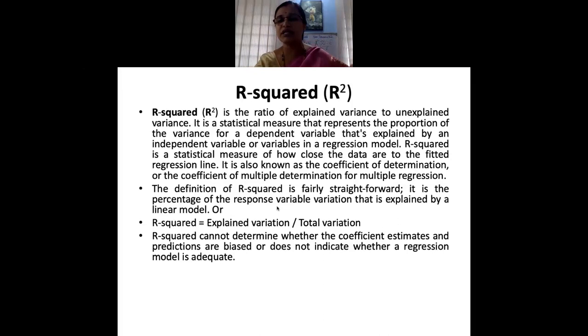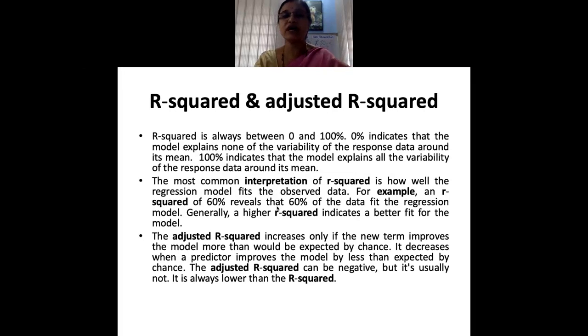There are some limitations when it comes to R square. That means when you add something new to the model, there might be a certain change. So when you add certain variables, you might have a problem. That is why, along with R square, the adjusted R square is also calculated.